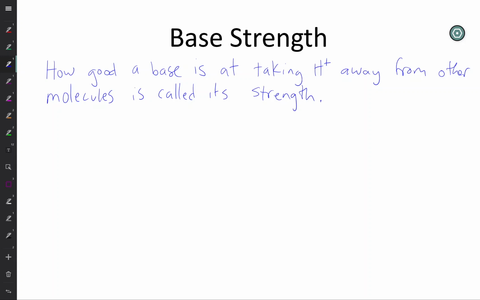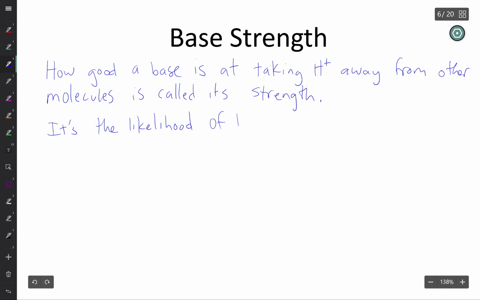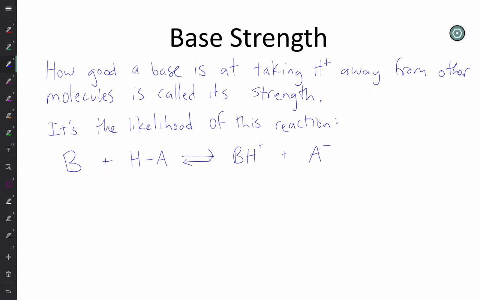So in other words, it's the likelihood of this reaction. The more likely this reaction is, the stronger we would say the base is.